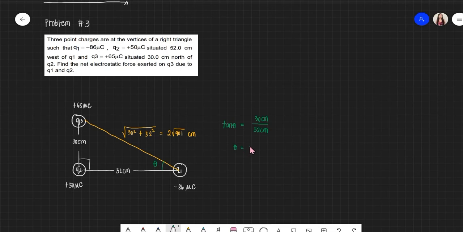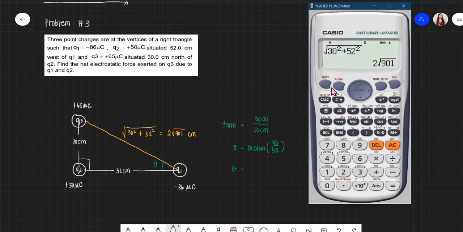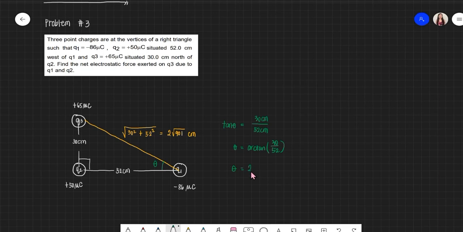So theta is equal to the arc tangent of 30 over 52. So 30 over 52, our angle is 29.98163937. Let's store that in A. So let's just write 29.98 degrees.